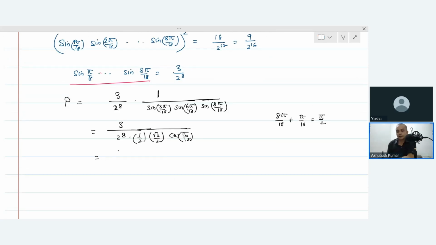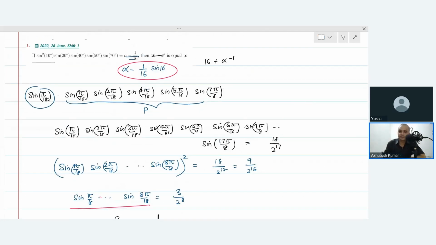So I'll give you 3 by, and this is going to be 2 cancel, so 2 to the power 6. And this is root 3 now because root 3 will also cancel, and this is giving you 1 by cos of pi by 18, which I can write as 10 degrees. But I have to find out this thing. You notice this, I have sine 10 degree in the front attached.